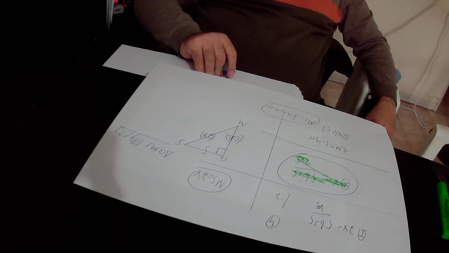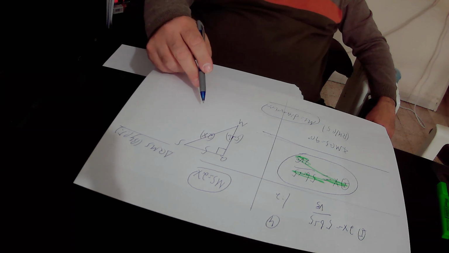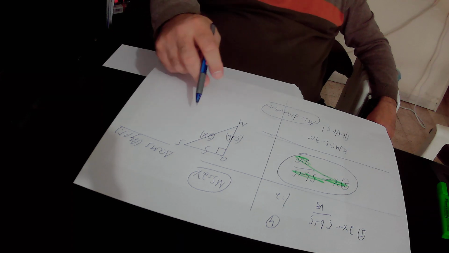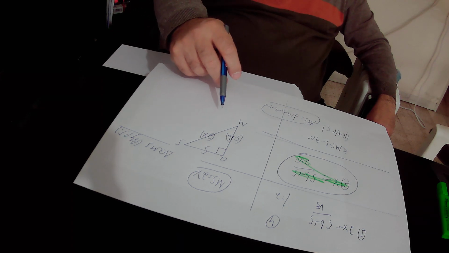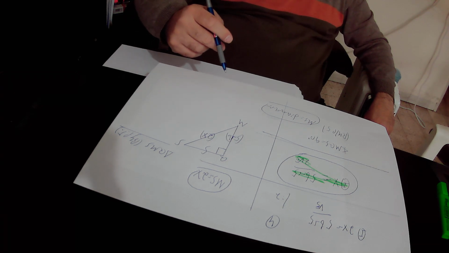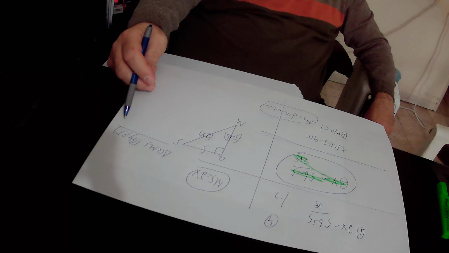So actually, this is the right triangle QMS that I copied from the original drawing. The hypotenuse MS is 2x, it is the diameter of the circle. QM equals 5 plus B, and QS equals 5 units. Here we apply the Pythagoras theorem.